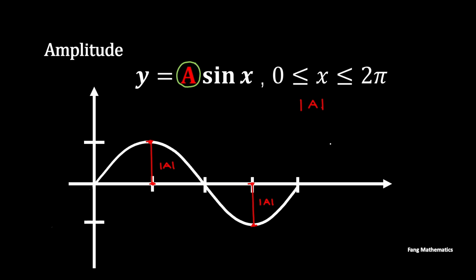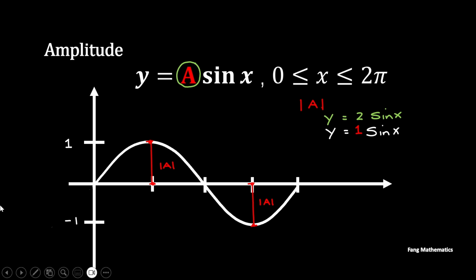Let's refer to this white graph we have, and that is y is equal to sin x. The amplitude in this graph is just 1. If the amplitude is 1, then the two marks on the y-axis should be 1 and -1 respectively. Now we are going to change the amplitude and see how the amplitude changes the graph. First, let's look at y is equal to 2 sin x, in which you have the amplitude as 2.